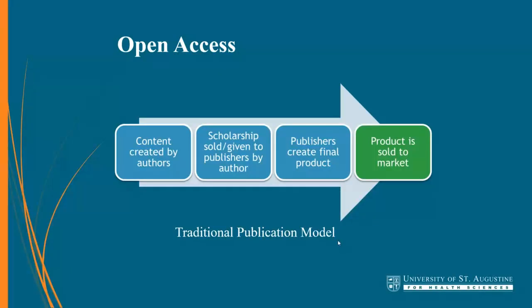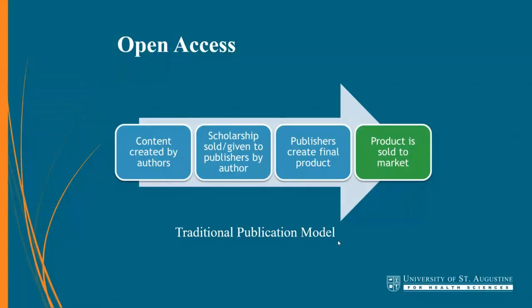So basically, it's just a slightly different economic model, but the main idea is that when you go to find an article, I'm sure you've all had the experience of going to find an article and turning up a paywall of some sort. You get this article, it's the perfect article, but they want $35 for it. Open access is a way to leverage the power of the internet so that when you come to an article like that, there is no barrier, or at least we're minimizing those barriers.